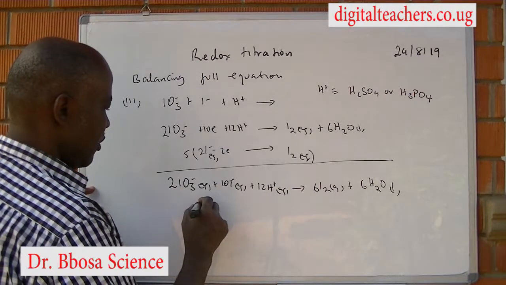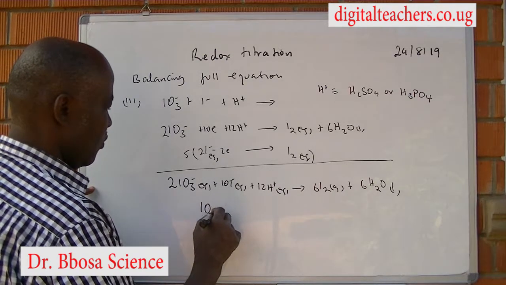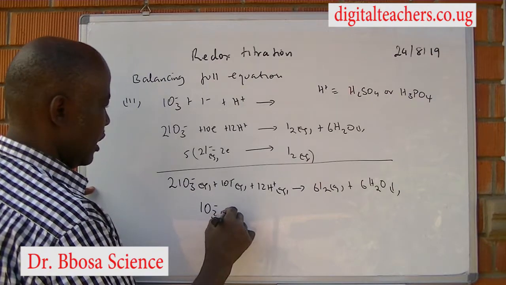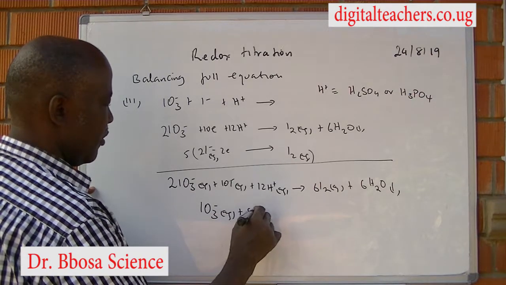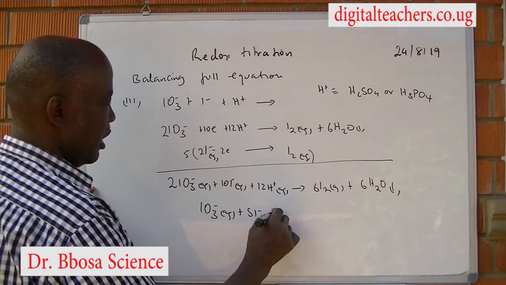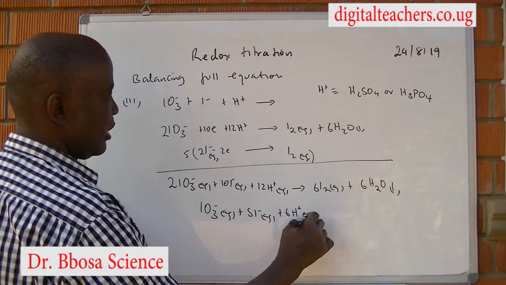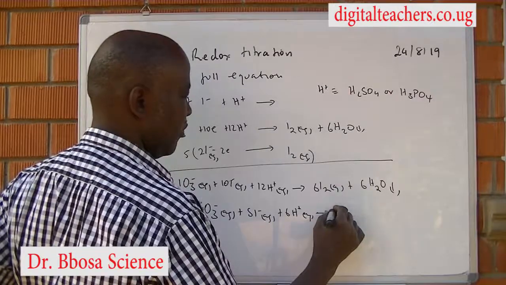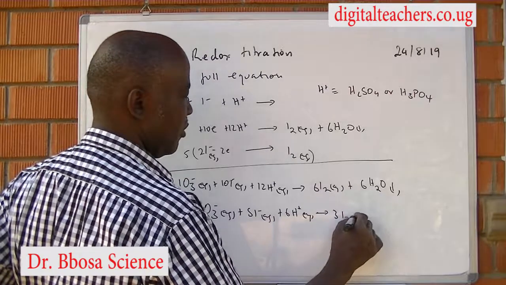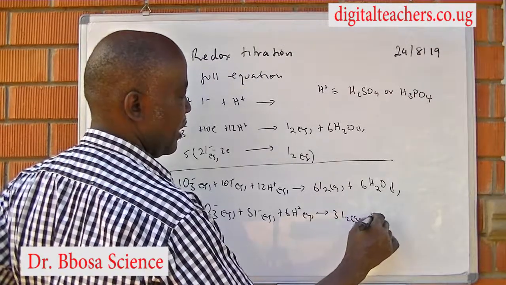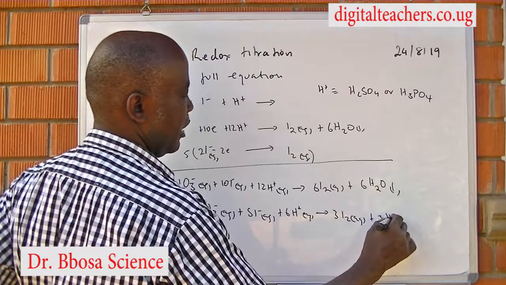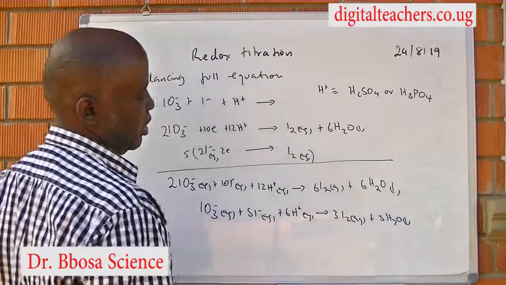When we reduce by 2, then we shall have IO3 minus aqueous plus 5I minus aqueous plus 6 H plus aqueous will give us 3 I2 aqueous plus 3 H2O liquid.